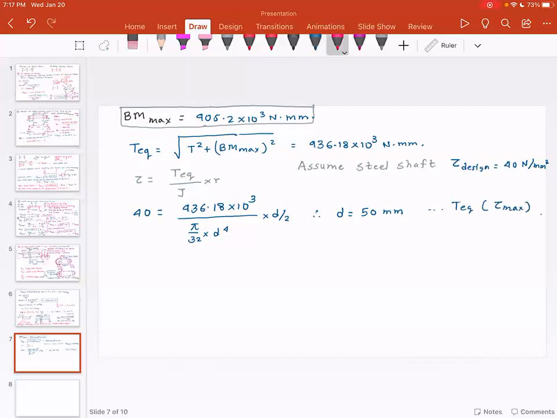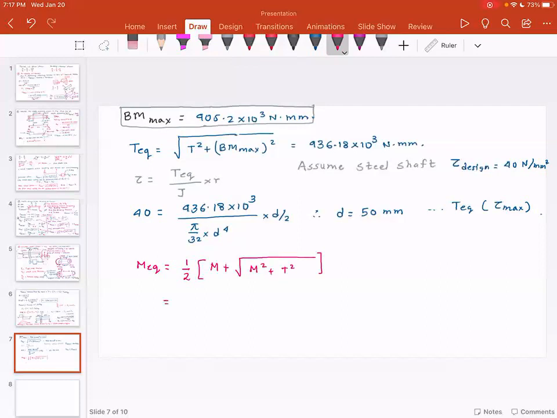Next, I can find out the M equivalent, which is given as 1/2 of M plus square root of M square plus T square.